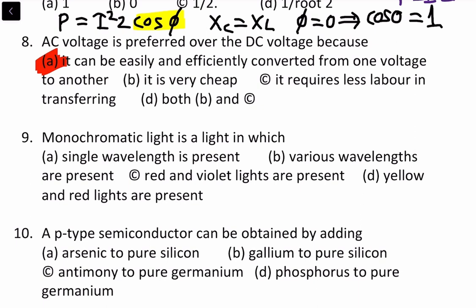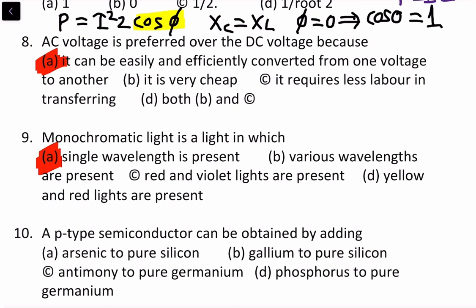A, single wavelength is present. B, various wavelengths are present. C, red and violet lights are present. D, yellow and red lights are present. So the correct option is a single color, that means it has a single wavelength. So the answer is A.